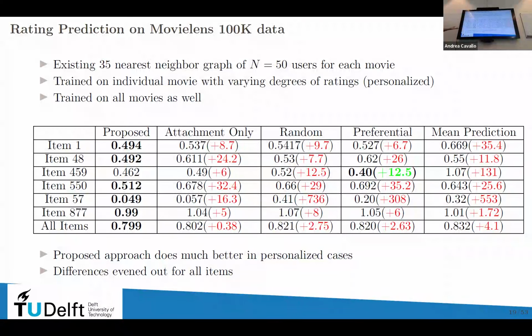This happens because now you're trying to train probability attachments and weights for different graphs, and that may not always make sense. Even though it's still better than the other approaches, and in a recommender system small differences are also important, in terms of error, this clearly shows that you should try to stick to personalized training.